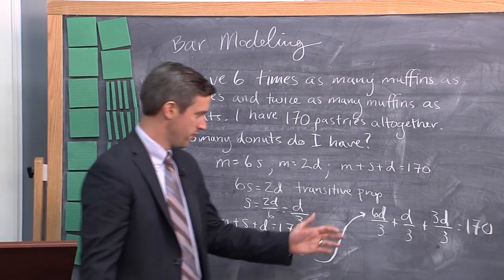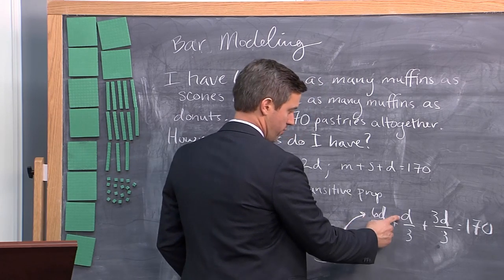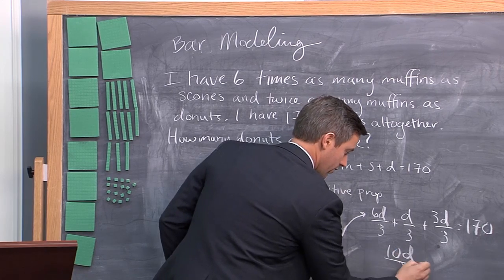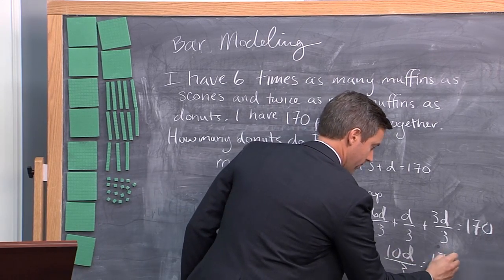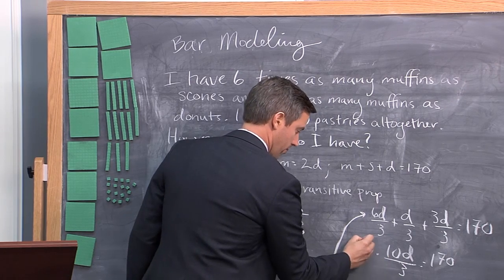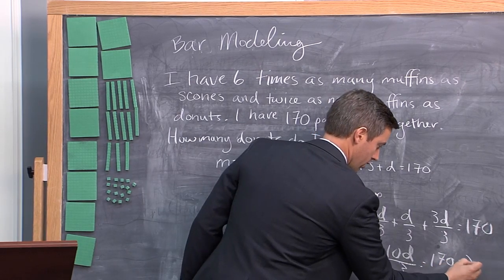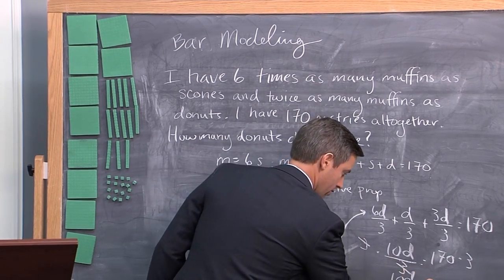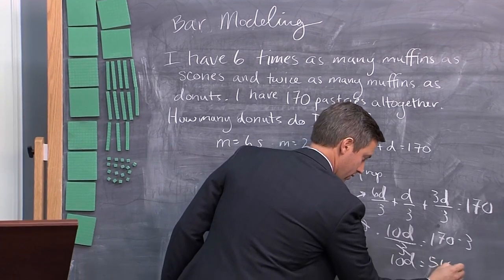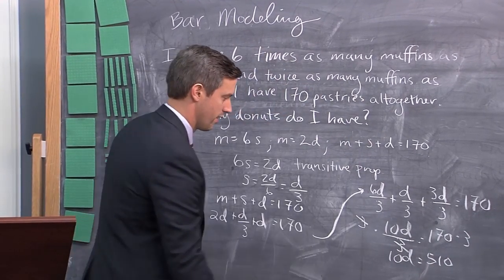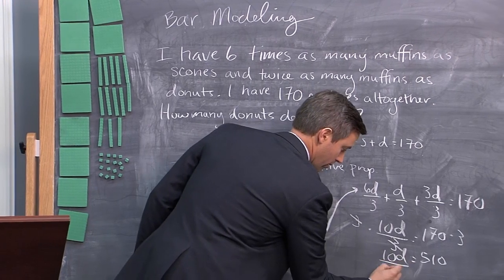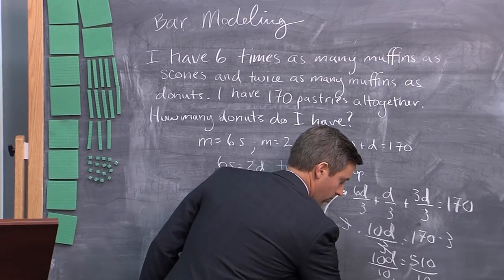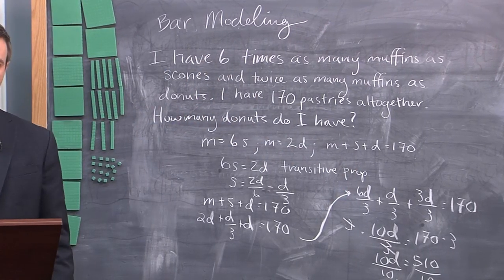And then you see there that 6 plus 1 plus 3 makes 10 donuts divided by 3 is equal to 170. You multiply both sides by 3 to reduce to 1. So you have 10 donuts is equal to 510. And then to solve for donuts alone, you divide by 10 on both sides, and you have that donuts is equal to 51. So you have 51 donuts.